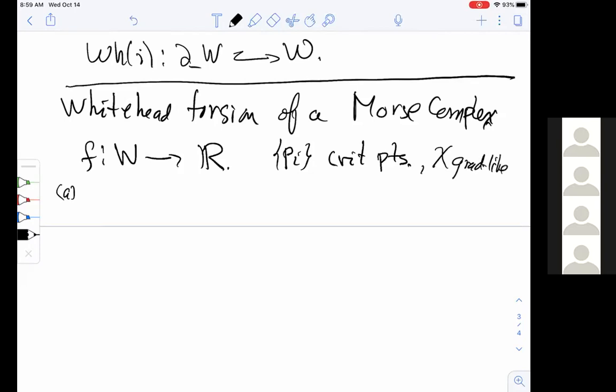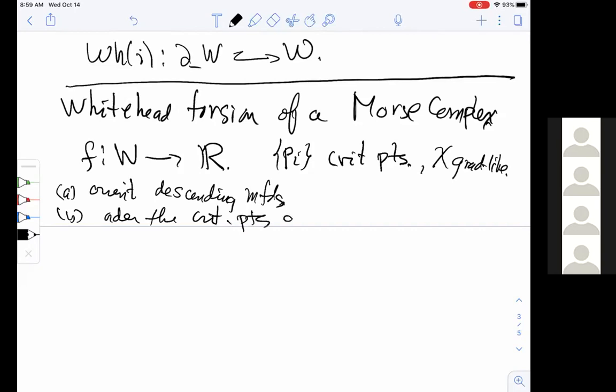I need that. Then I orient the descending manifolds from the critical points, and I order the critical points of each index, I guess. That's all I have to do.